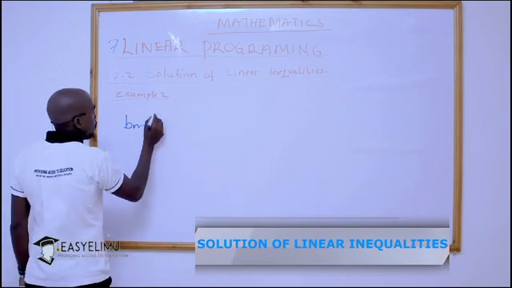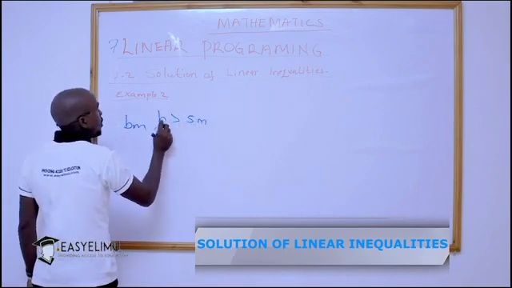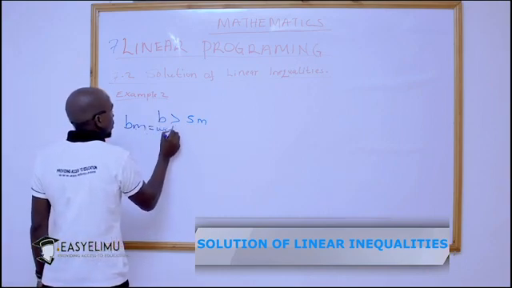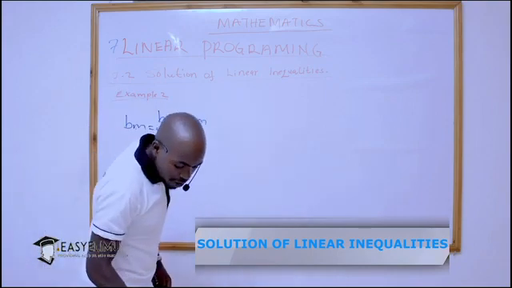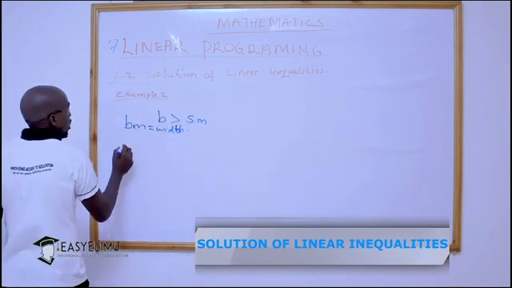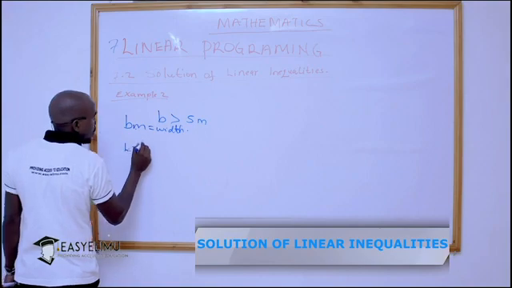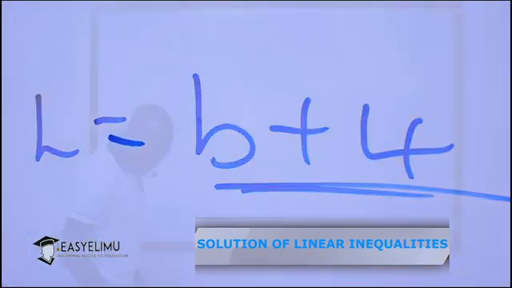So b is greater than 5 meters. If b is the width, we can say that the length of the room is 4 meters more than its width, so the length is equivalent to b plus 4. We can solve that way.